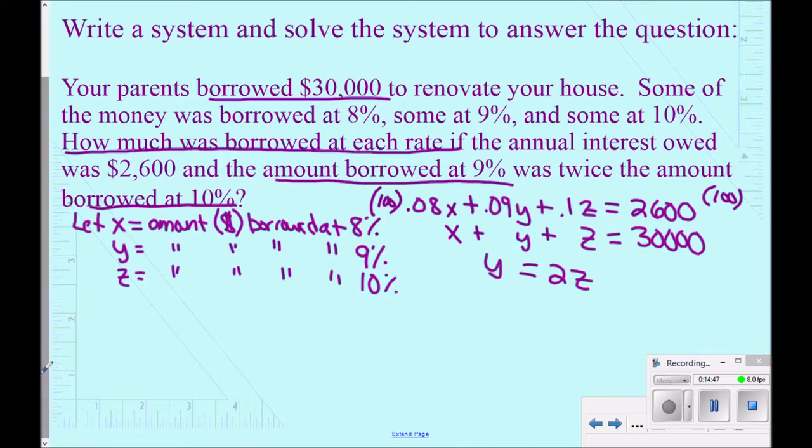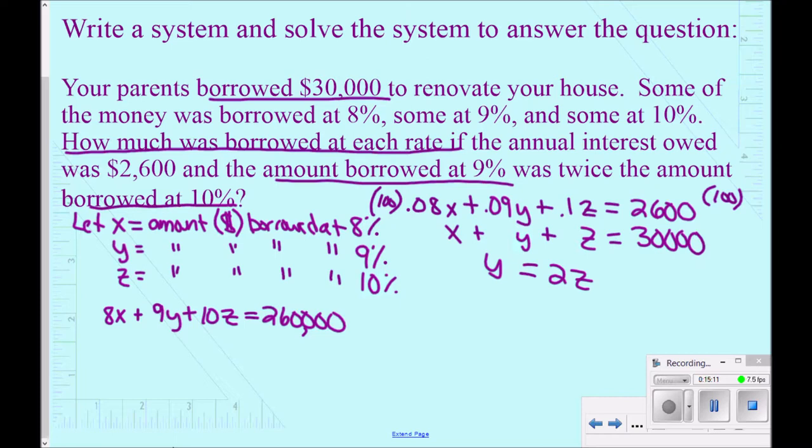So we know 2 decimal places to the right gives us 8x, plus 2 decimal places to the right gives us 9y, and 2 decimal places to the right gives us 10z. And then I'm just going to add 2 zeros on to the 2,600, which gives me 260,000. So that's the first equation times 100.